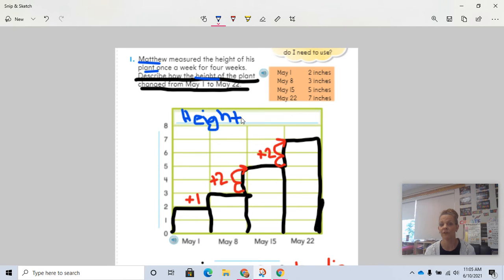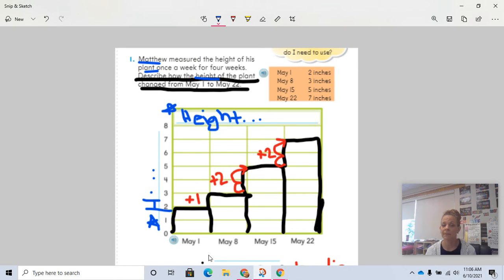And you already have that filled in, so I'm not going to fill in the rest. But we need to be able to write a title for our graph. We need to be able to write a label over here to say what the scale these numbers are standing for, and that was the height in inches. We have that written already.